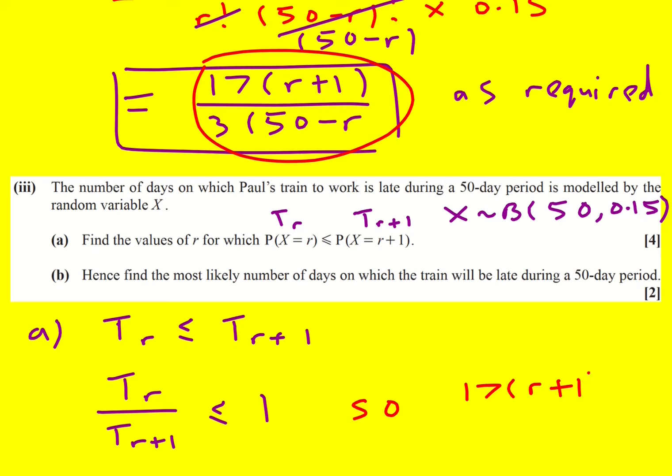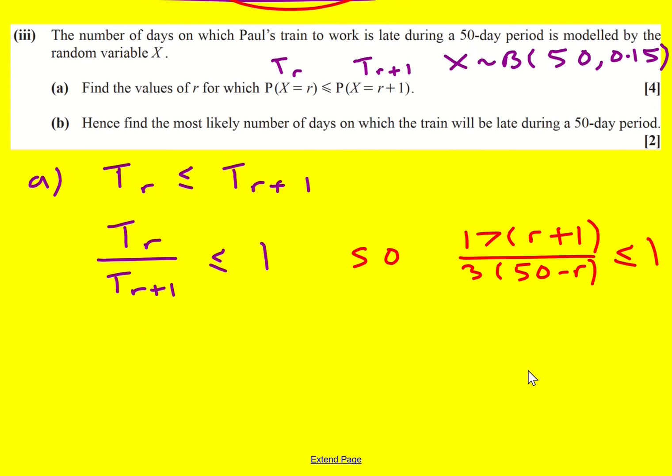We've got just a fractional equation to solve. 17r plus 1, 3 times 15 minus r less than or equal to 1. Multiply through by the denominator. So actually we're back to a nicer form.